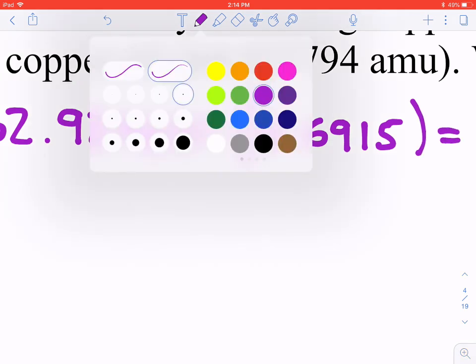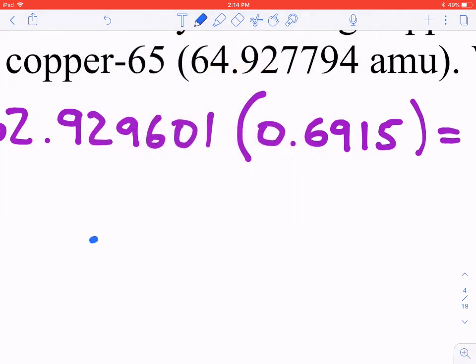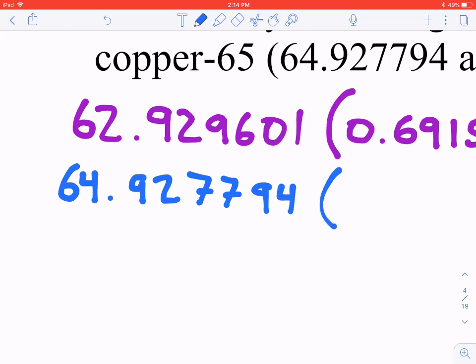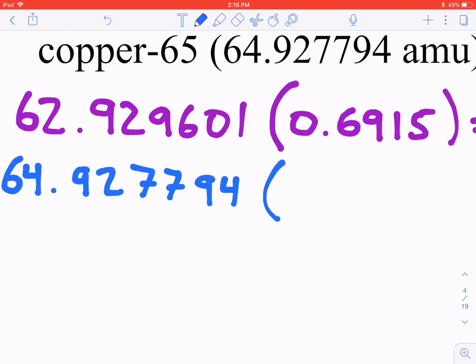Let's also worry about that copper-65. So copper-65 also has a mass. It's written right there above. You can see it, 64.927794. We're told that it occurs 30.85% of the time, 0.3085.